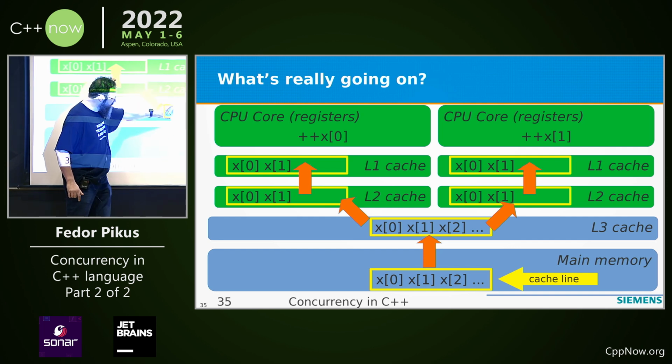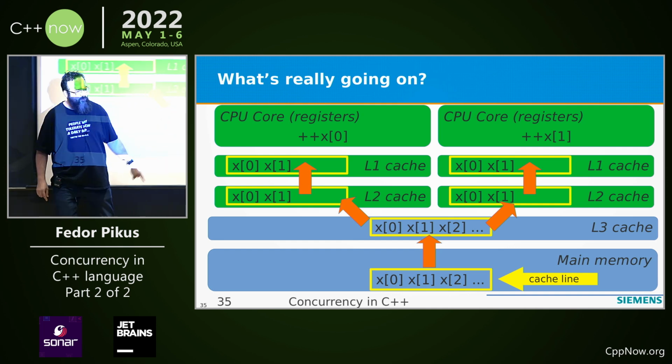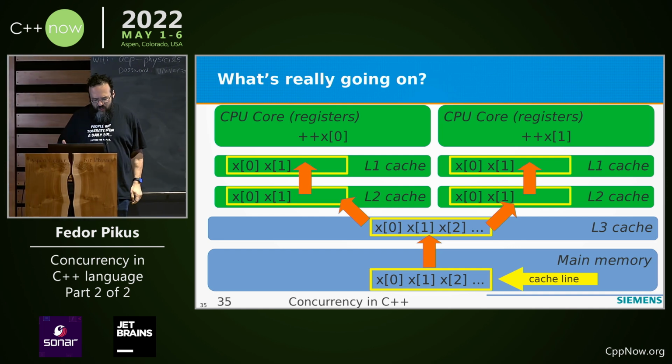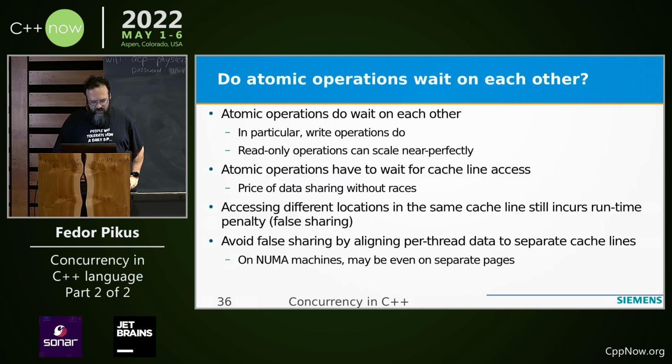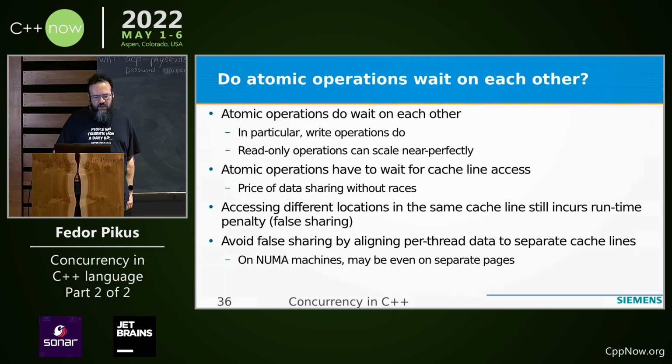And obviously, when you move it back, you would obliterate x sub 1, unless you kept everybody else from changing x sub 1 while you're doing it. So this happens at the hardware level. Atomic operations do wait on each other, only if they change it. The read atomic operations don't wait on each other, only the writes do.